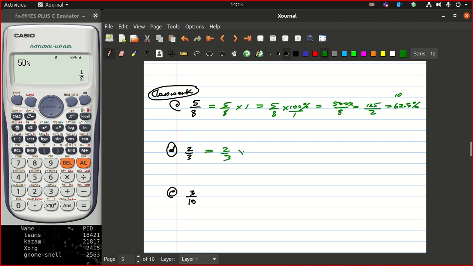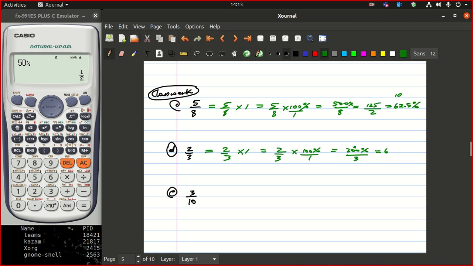And then, of course, this next one, we do the same thing. 2 over 3 times 1, which is the same as 2 over 3 times 100% over 1, which is the same as 200% over 3. And then from there, you ask yourself, how many 3s in 20? You find out you have 3, 6, 9, 12, 15, 18. So you have 6 of them, and the remainder is a 2.